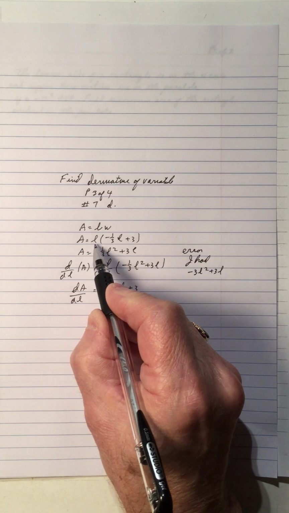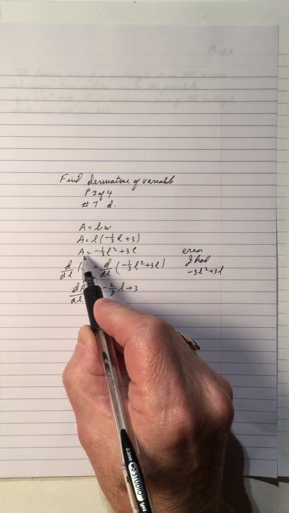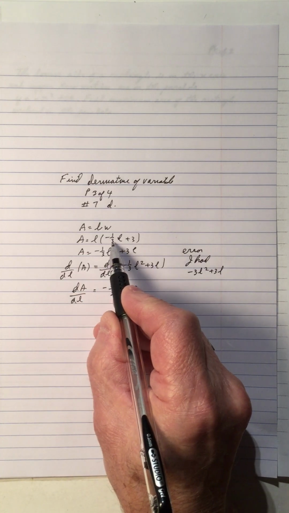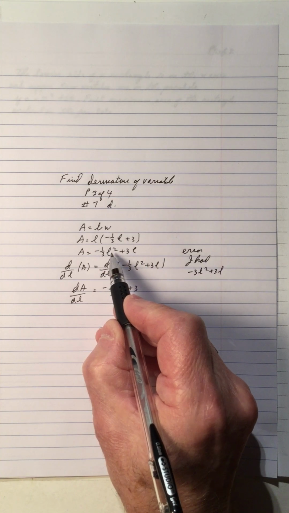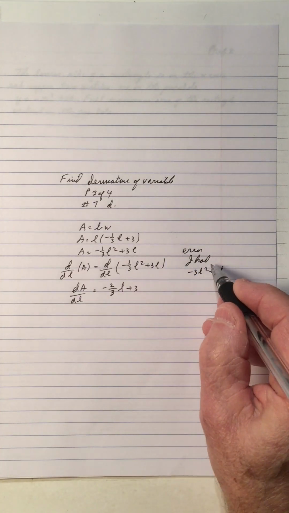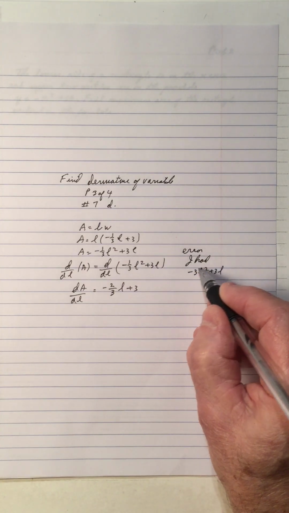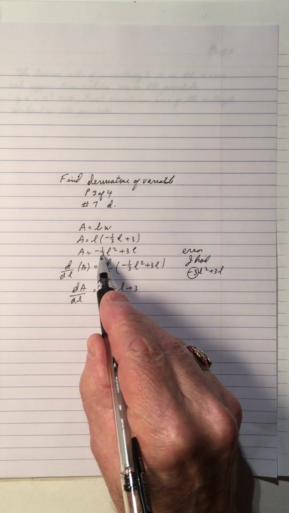A equals L times (1/3 L plus 3), and multiplying L by this binomial, you get 1/3 L squared plus 3L. The error that I had was a minus 3 there instead of a 1/3.